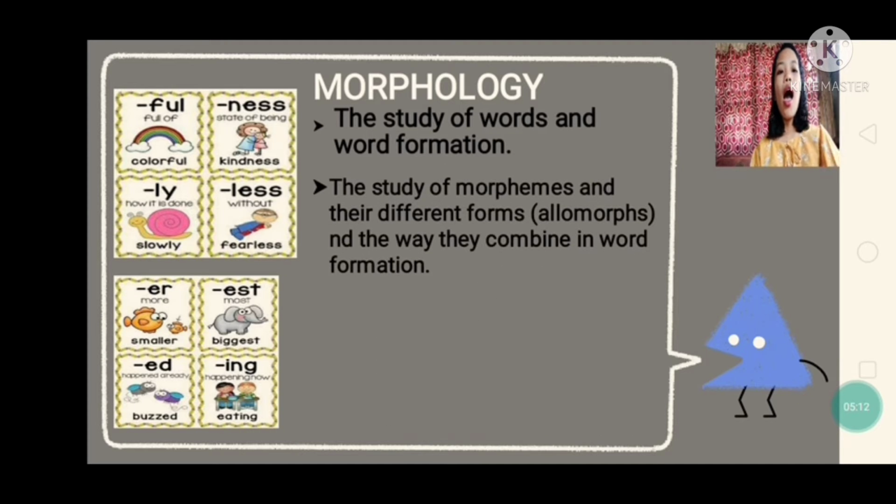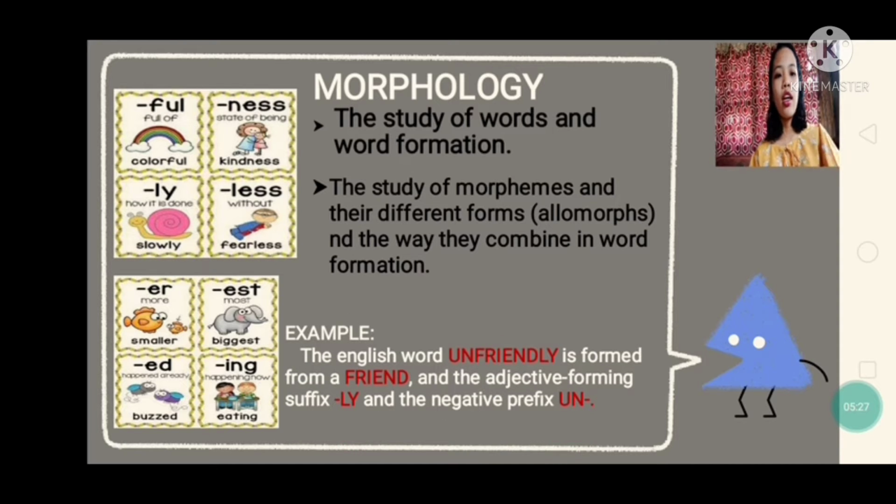The morphology is also the study of morphemes and their different forms or allomorphs and the way they combine in word formation. So, example here is the English word unfriendly is formed from a friend and the adjective forming suffix "ly" and the negative prefix "un." That's why it is formed unfriendly.